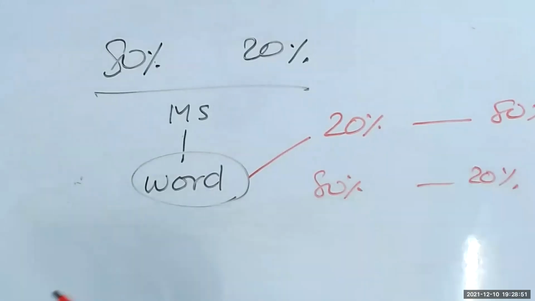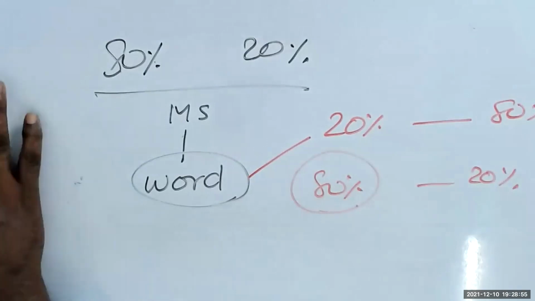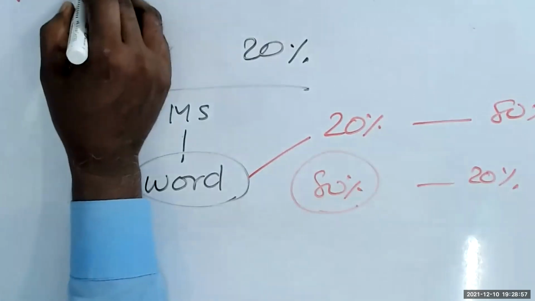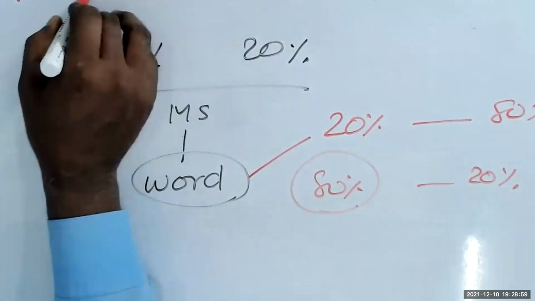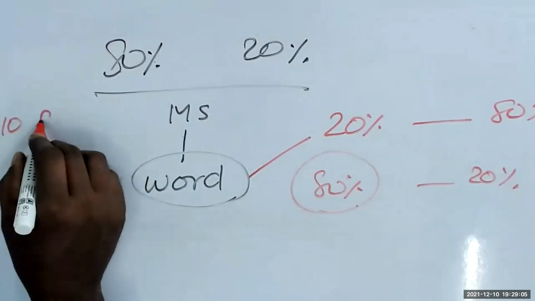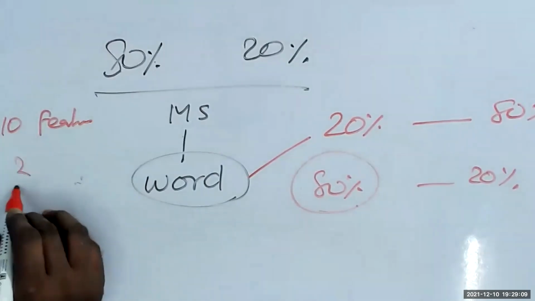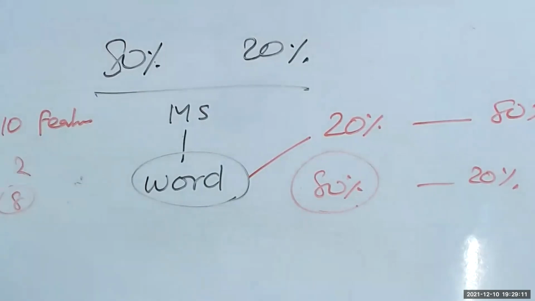That means if Microsoft has 10 features, you will use only 2. You will not use 8. Every software you take, you will choose only exactly what you need.